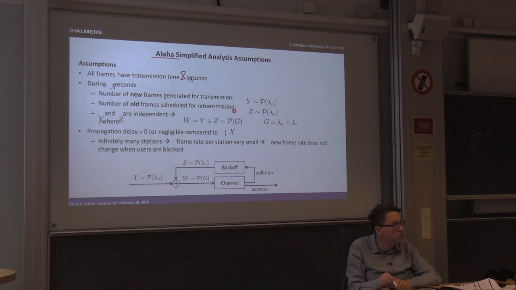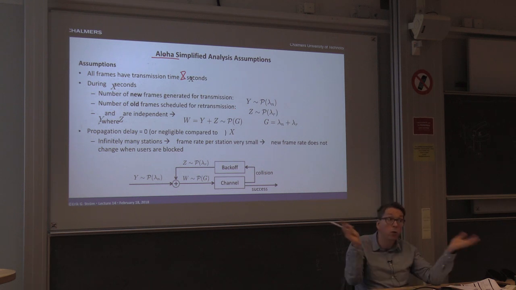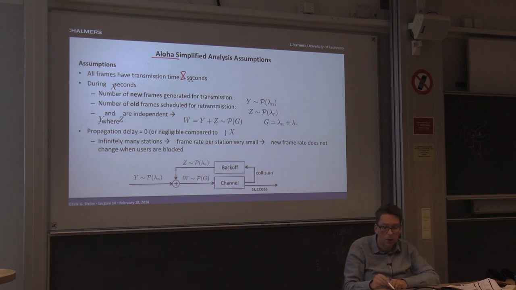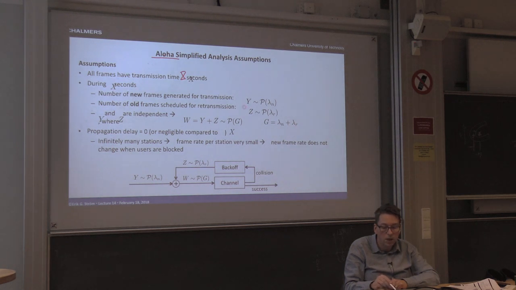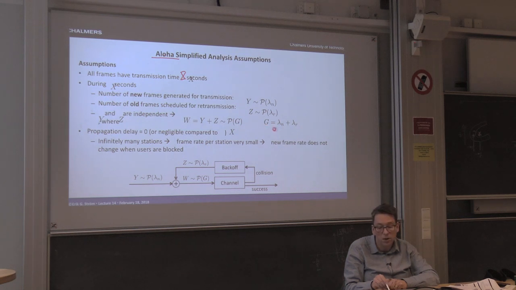These are frames which have been sent over the channel but collided, so they need to be retransmitted. Let's call them Z. That's another Poisson process with intensity lambda r for retransmission. Then if Y and Z are independent, W, which is the sum of Y and Z, is a Poisson process with intensity G, where G is lambda n plus lambda r.